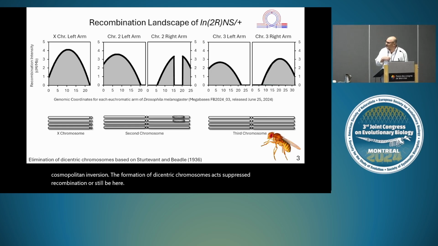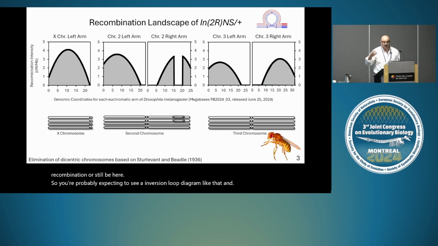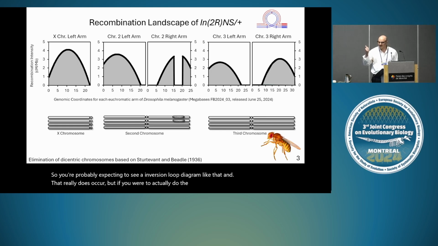So you're probably expecting to see an inversion loop diagram like that, and that really does occur. But if you were to actually do the math, formation of dicentrics explains about 10 to 20% of total recombination suppression.